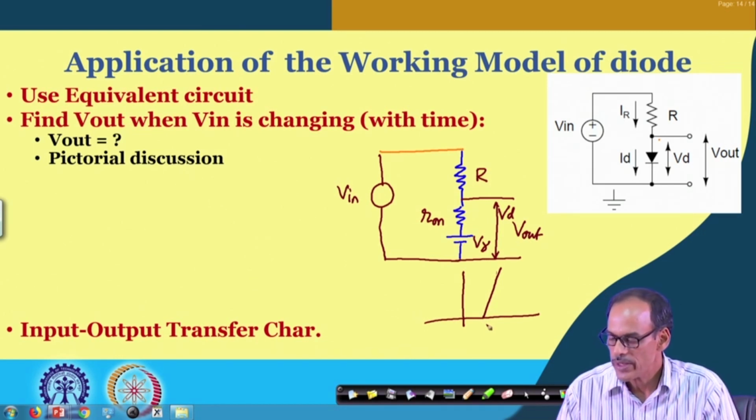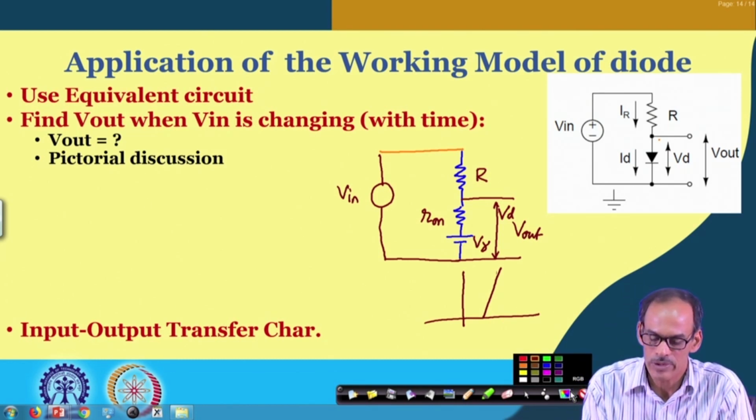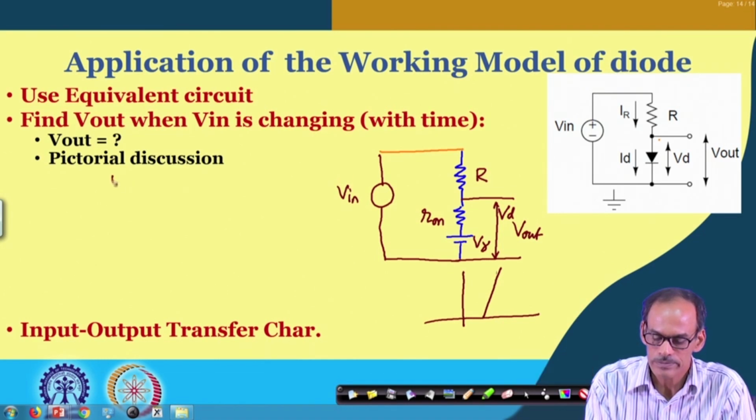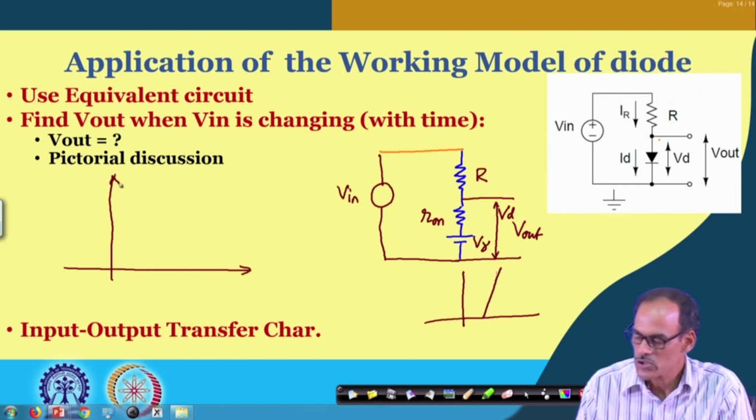So, now if I replace this diode characteristic in this form, how do I find the solution? Instead of going through this iterative method, can I get a straightforward, single-step method?